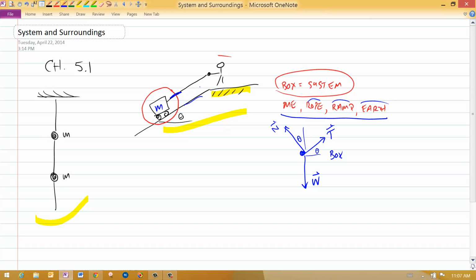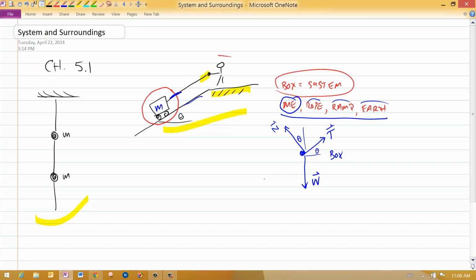The only thing we've got to decide is, should my force be sitting on here? And the answer to that is no. I am touching this piece of rope. That piece of rope is not touching the box.